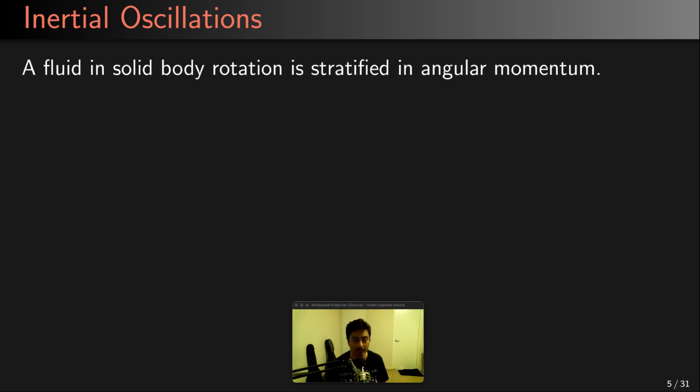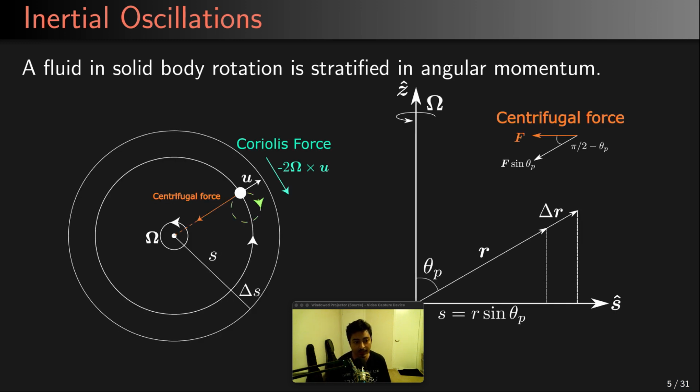So if you want to take a fluid parcel and move it away from its position, by position I mean the distance from the axis, if you change it, it will want to go back and then start oscillating about the mean position. So these are called inertial oscillations.